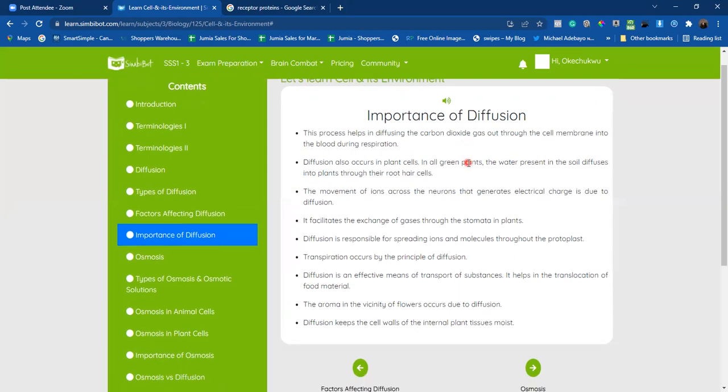Diffusion also occurs in plant cells. In all green plants, the water present in the soil diffuses into plants through the root hairs and goes from there to the leaves. So diffusion occurs in humans, and it also occurs in plants.